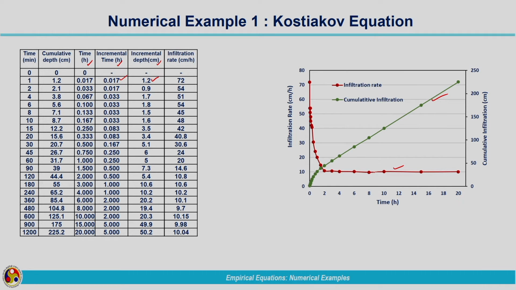This constant value is around 10.04, which we have calculated. Cumulative infiltration is the infiltration depth in each interval added up. That is why it is an increasing curve, which is very clear from this graph.